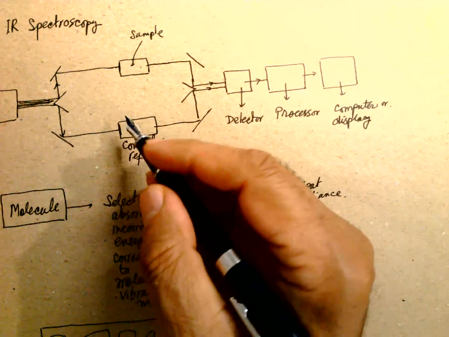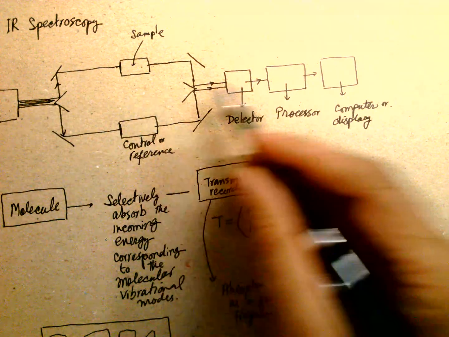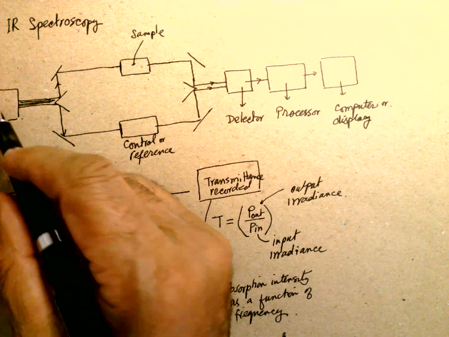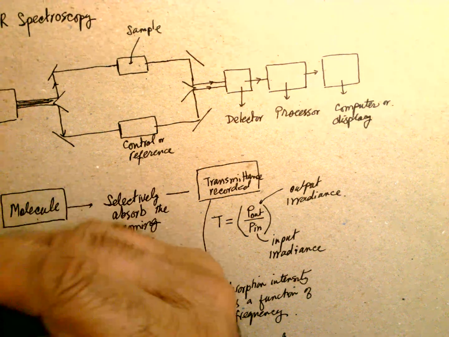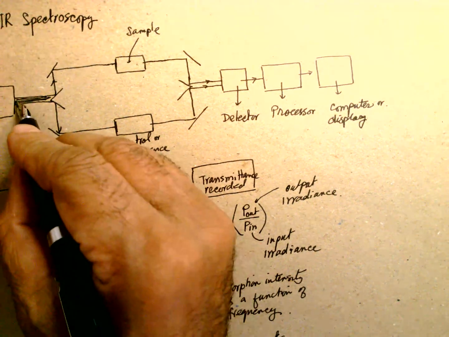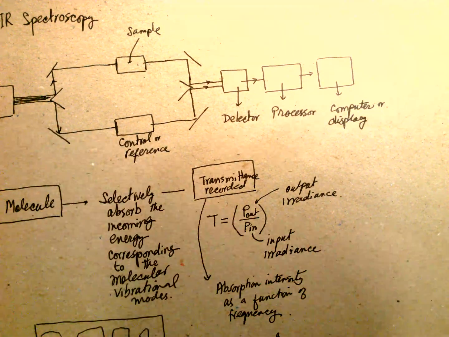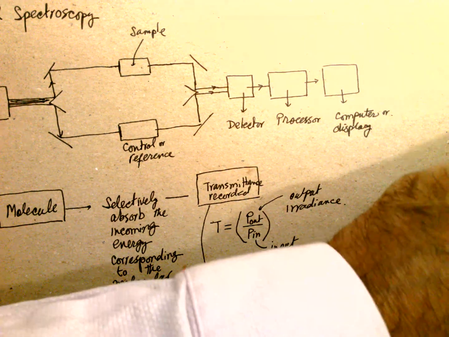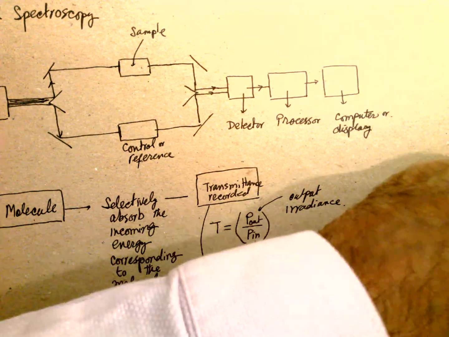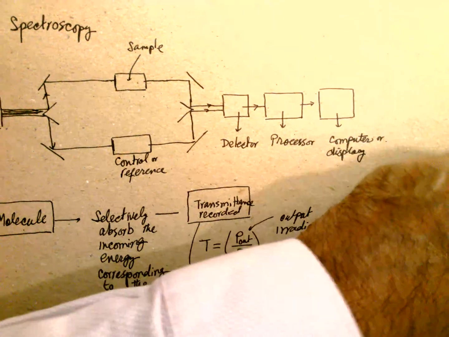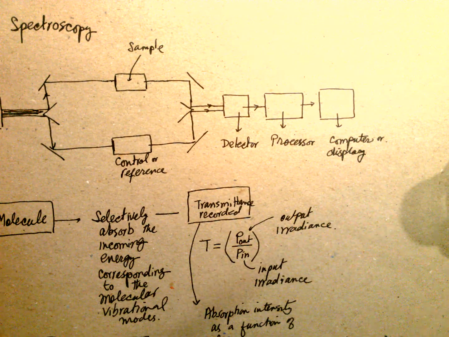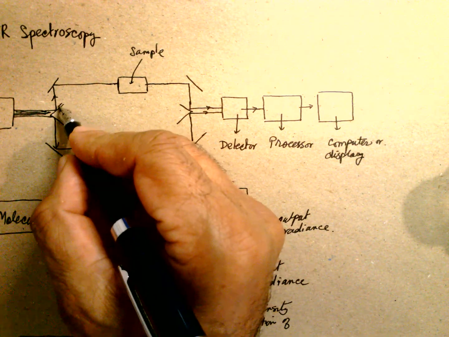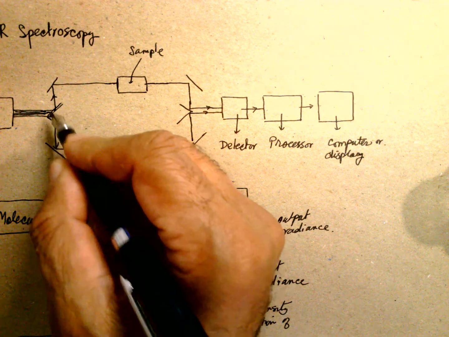Now, IR spectroscopy, the design of the instrument. This is the infrared source. This is the setup of the IR spectrometer. The beam splitter splits the beam into two parts: one goes up and one goes down. Each hits a mirror and is reflected.